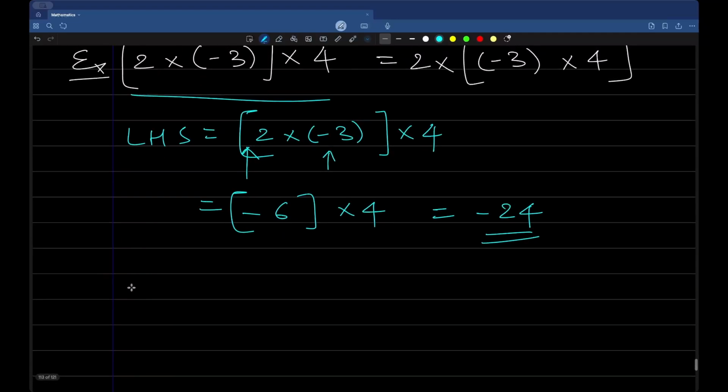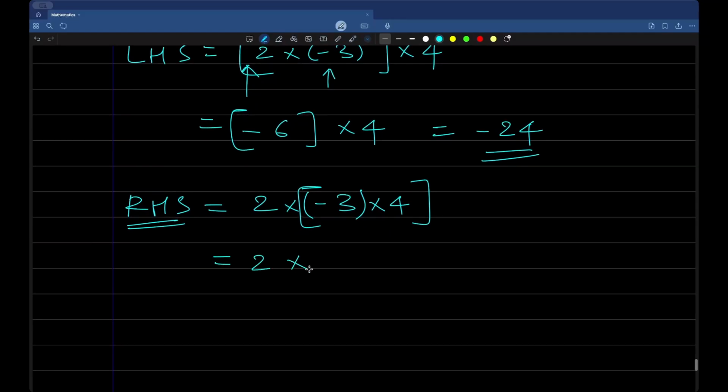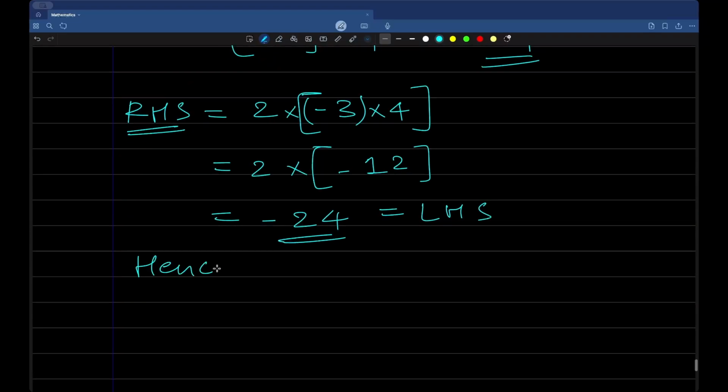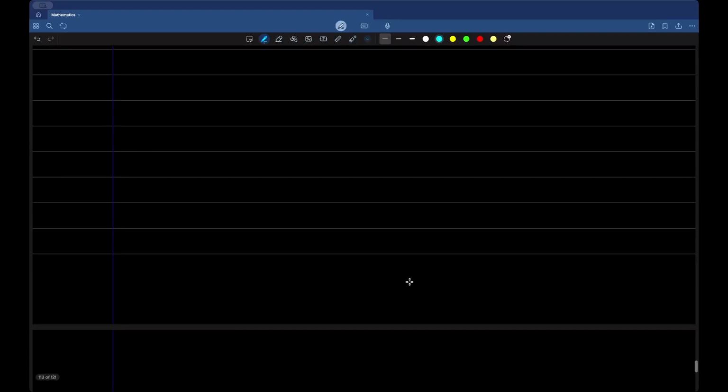We have RHS equals 2 into (minus 3 into 4), that is equals to 2 into minus 12, that is equals to minus 24, which is equals to LHS. Hence statement is true. Now let's solve for next example.